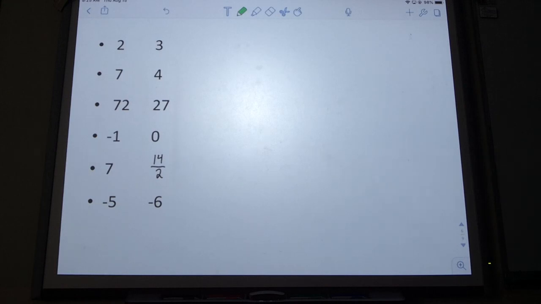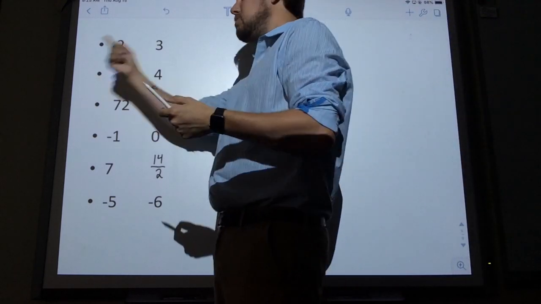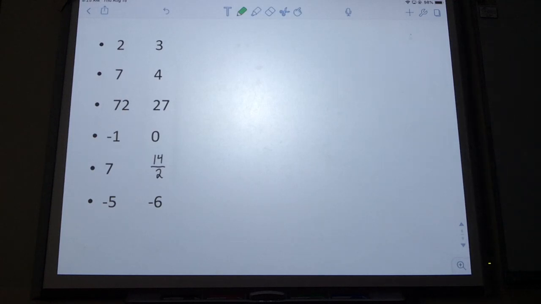Less than. Okay, I remember when I was your age, the words combined with the symbols confused me because I just was like, okay, I don't know which symbol to put. I just know which way the symbol needs to point. Okay? So it's okay if you don't know what word you put with the symbol. Just make sure the alligator mouth eats the bigger number.